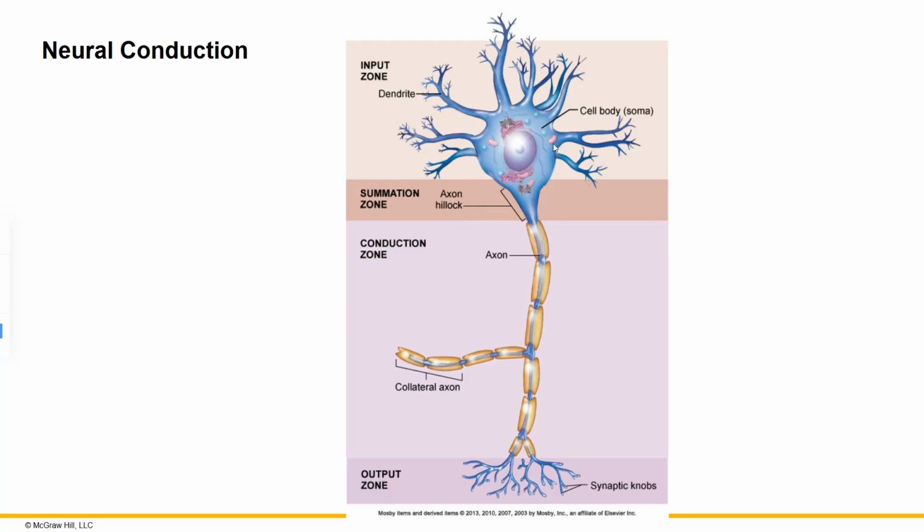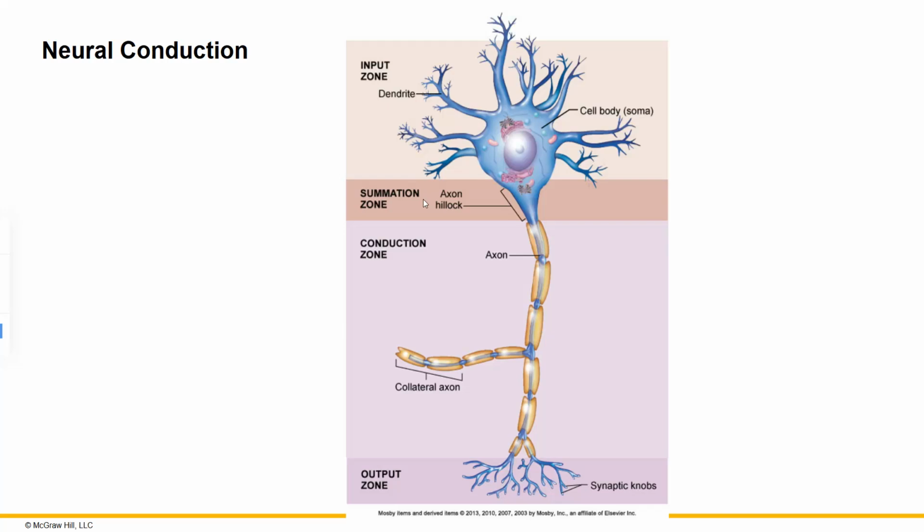Eventually, this is all going to reach a point where we have a signal accumulating here. And once the membrane potential gets positive enough, once it reaches a certain threshold number, that's going to trigger an electrical impulse.